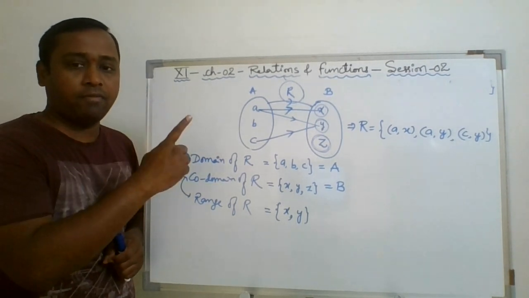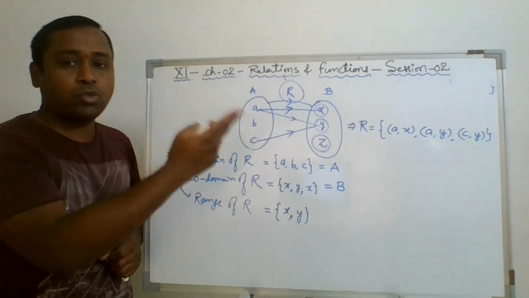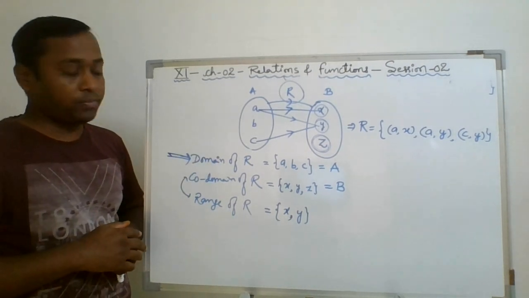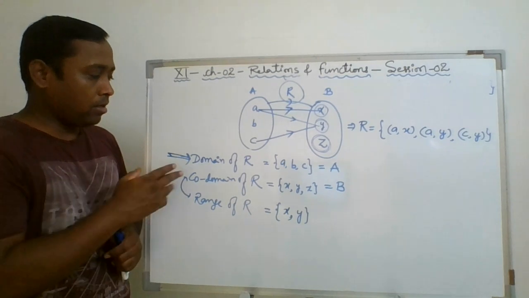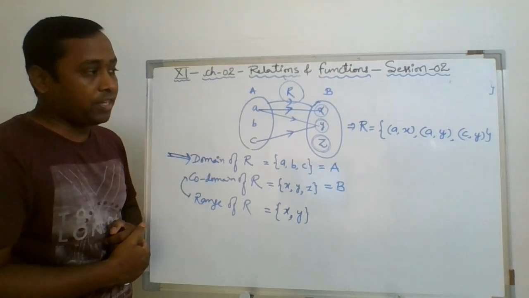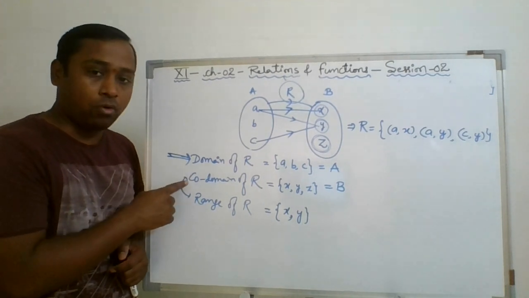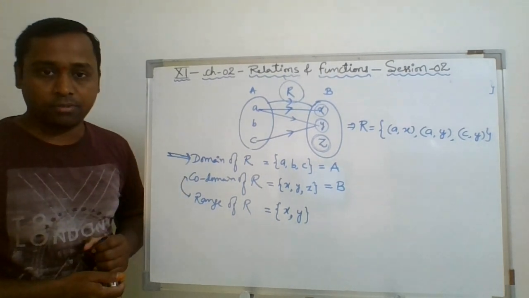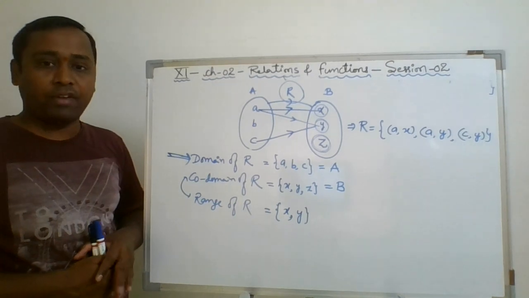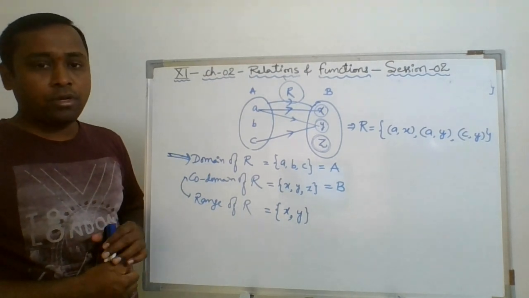That's why one of the forms will be given to you, and you are asked to express it in the other two forms. Apart from that, after expressing into various forms, they may also ask you to find out the domain, codomain, and range. So there are a set of 10 to 11 questions in exercise 2.2.